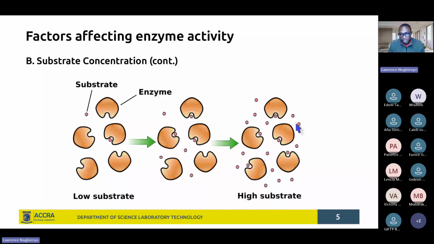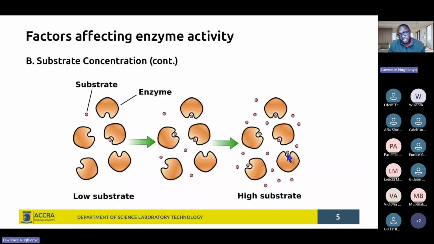At this point, you have reached a saturation point so that no amount of substrate that you add into such a highly concentrated reaction mixture will result in any change in the rate of reaction, because the amount of enzymes that you have in the reaction mixture will only act on the amount of substrate that it can act on at a point in time.